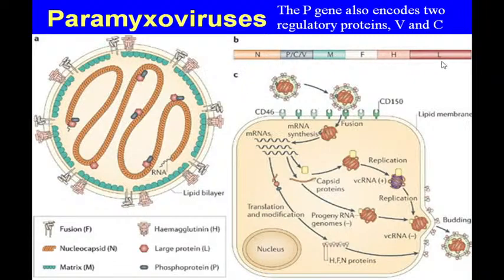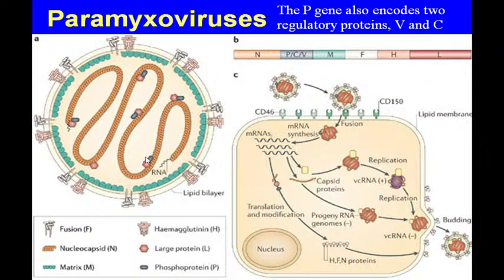So you can see here the genome of the virus, and in the genome we can see the color that coincides with the color of the proteins that are made from it, right?